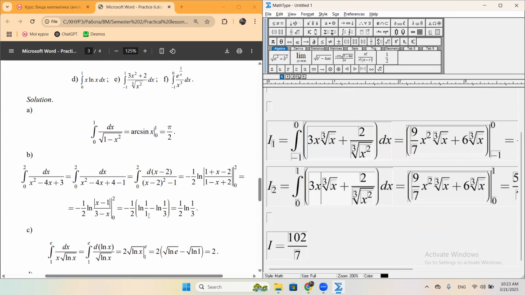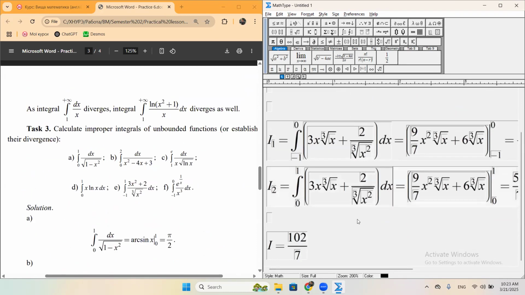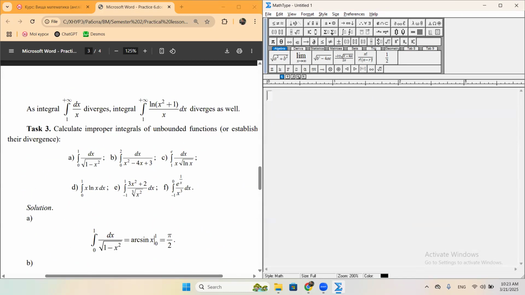Okay, so now let's calculate one more integral, and after that we will have a break and have one short exercise. So the integral from -1 to 0. Yeah, here is quite an interesting case. e in the power of 1 over x, over x square, dx.